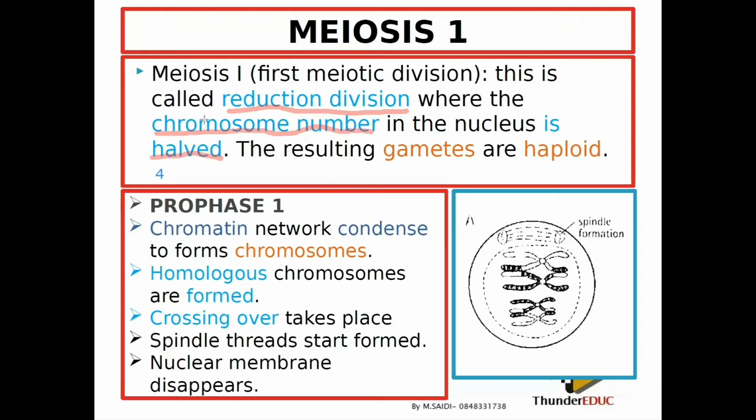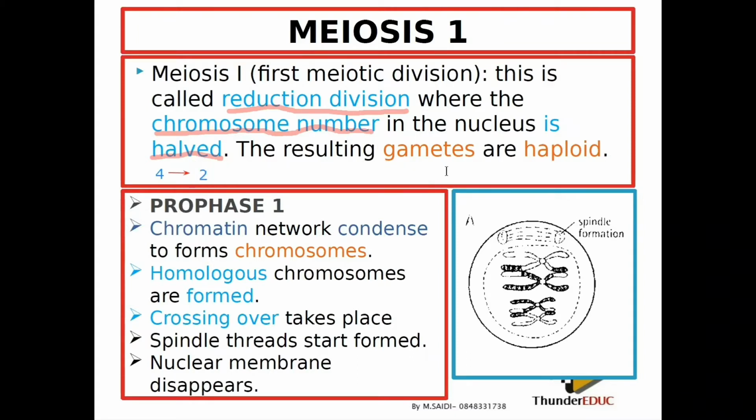What will happen at the end of meiosis? Remember we've said we are halving. So if we are halving at the end of meiosis, let me put an arrow there. Yes. Now at the end of meiosis, you need to have 2, because half of 4 is 2.